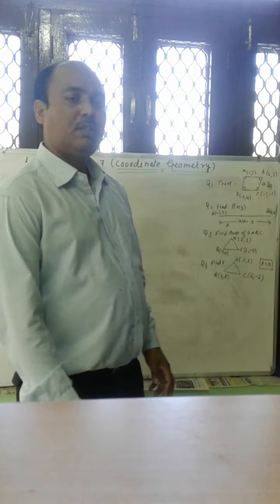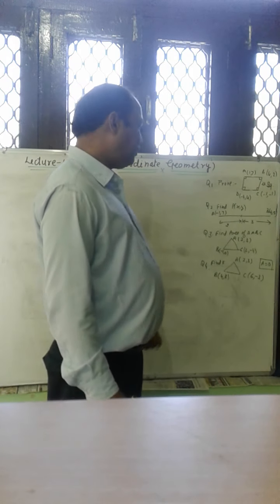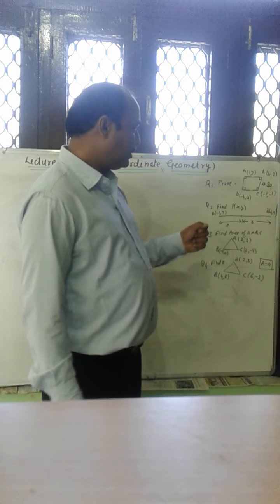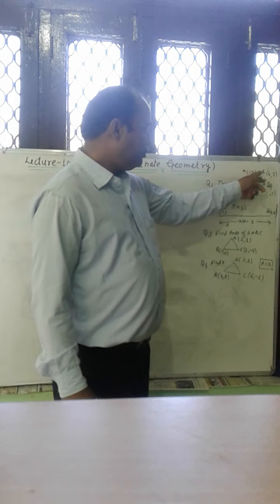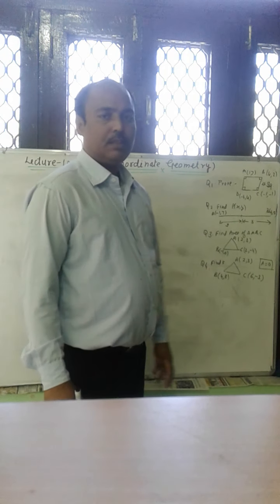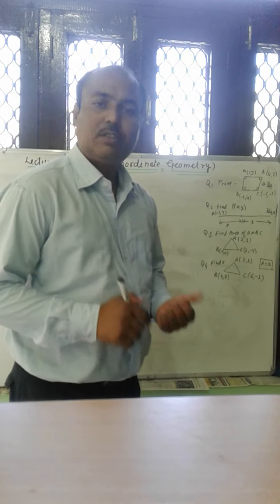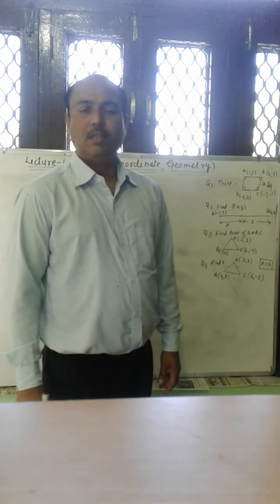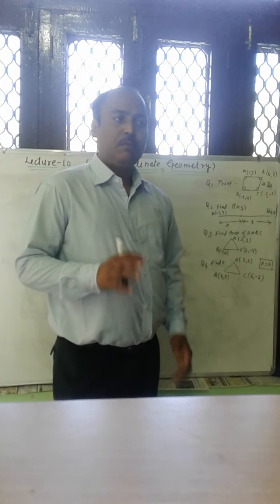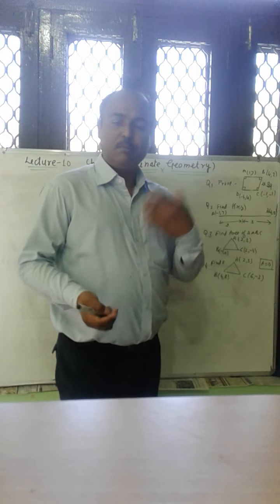Now we are taking this question: prove that ABCD is a quadrilateral, prove it is a square. Now, we already have a square in our minds.